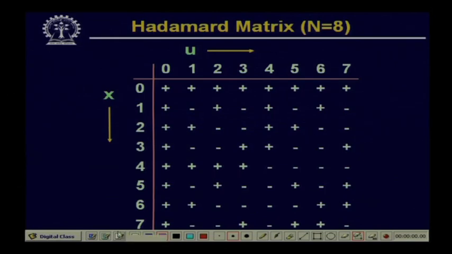To have that recursive relation, let us first have the Hadamard matrix of the lowest order, that is for the value of n equal to 2. For this lowest order, we have a Hadamard matrix H 2, which is nothing but 1, 1, 1, minus 1.